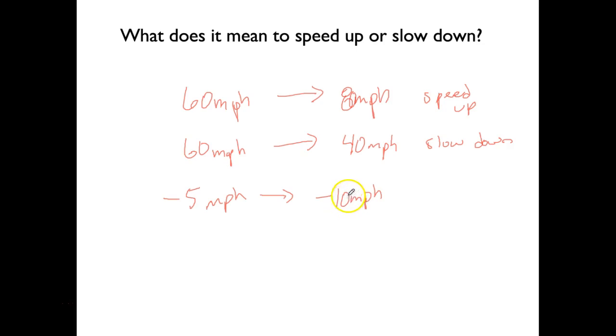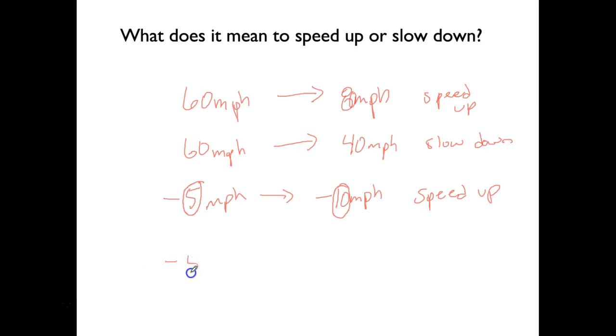So a faster speed, right? Because all I'm looking at is this number right here. I'm looking at speed, not velocity. Here, I sped up because I went from a 5 to a 10, from negative 5 miles per hour to negative 10 miles per hour. So that means I sped up.